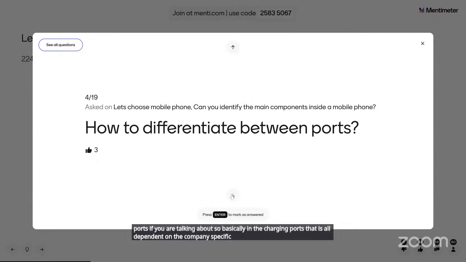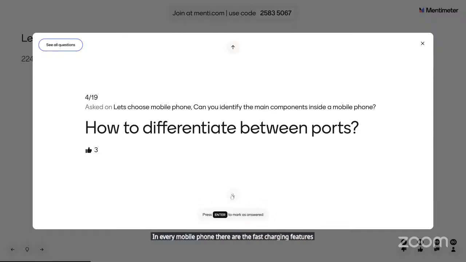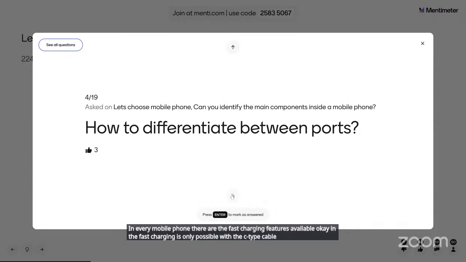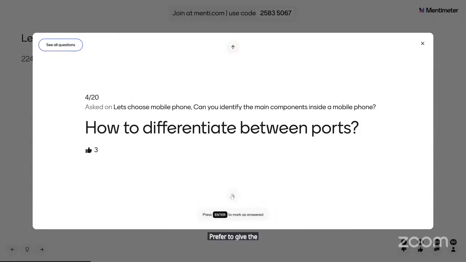Nowadays every mobile phone has a fast charging feature, and fast charging is only possible with the C type cable. Second thing is the C type cable is very general nowadays, so every mobile phone company prefers to give C type charging because it is easily available in the market.